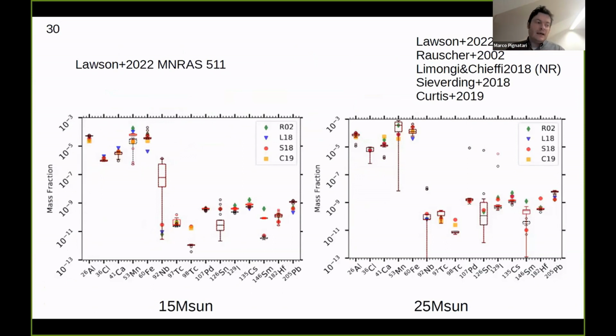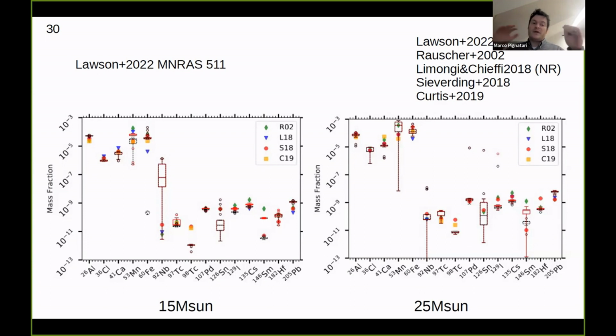So in Lausanne in 2022, we did a work where we looked at different core-collapse supernova models, not only produced by us, but produced by other groups, for example Rauscher 2002, Curtis 2019, Chieffi 2018, Limongi, and so on.